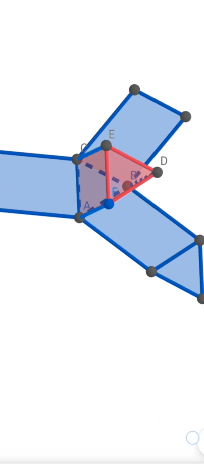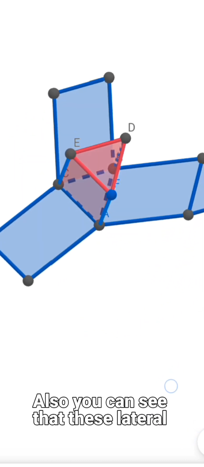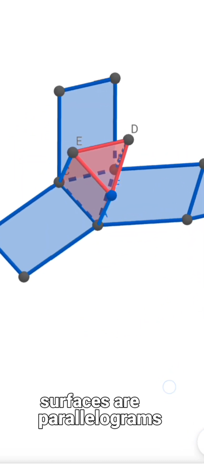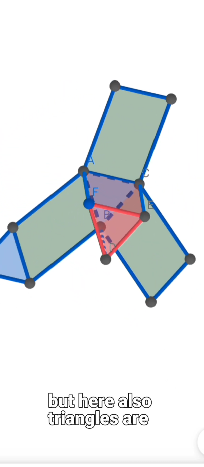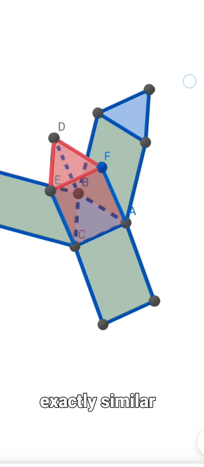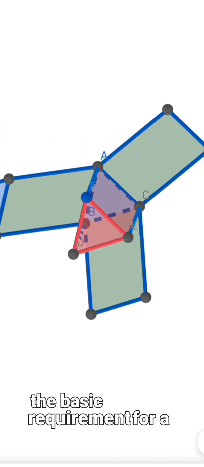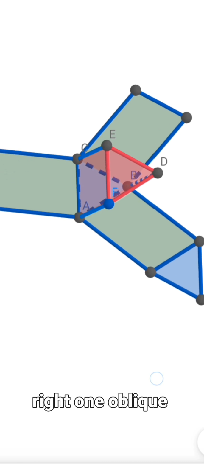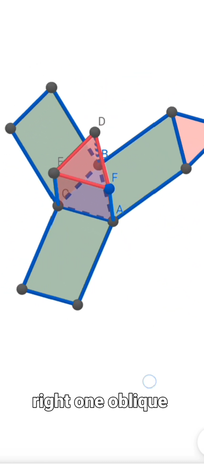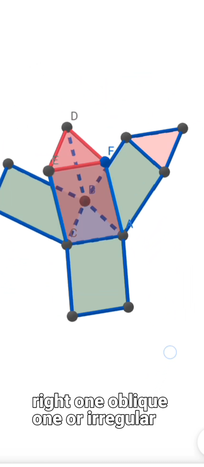So by net also you can see that these lateral surfaces are parallelograms. But here also triangles are exactly similar, because that is the basic requirement for a prism, whether it is a regular one, right one, oblique one, or irregular one.